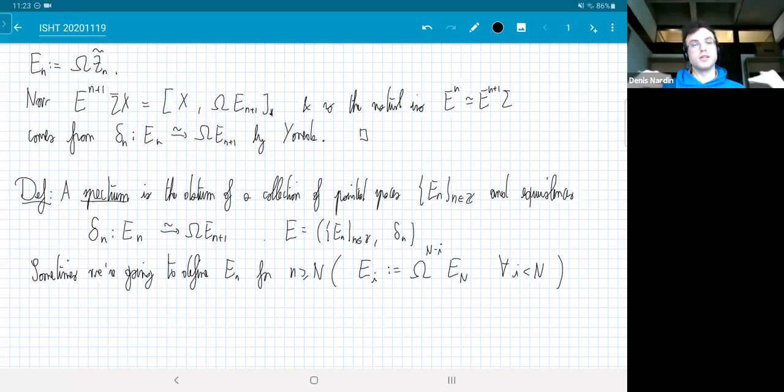It actually matters only what happens for very big n. The smaller ones are determined by that.